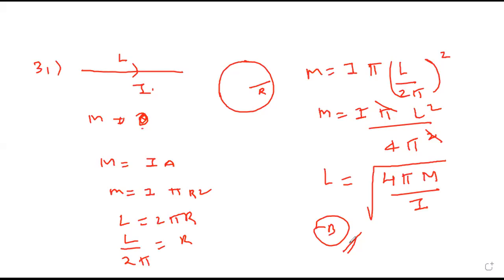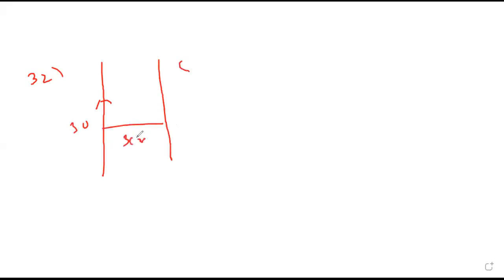Done, sir. Okay. Last sum for today, sum number 32. Three long straight parallel wires carrying current as shown in the figure. This is carrying current 30 ampere. This is C. Distance is 3 centimeter.